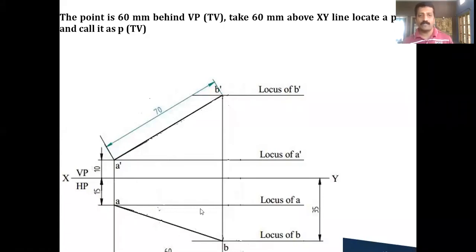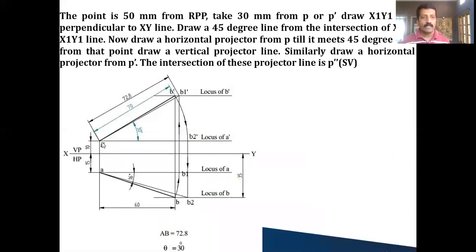Now, as we have discussed in the previous example, from the apparent lengths, that is the front view and top view, to get the true length diagram, we need to draw the arc first and then draw the vertical projector. First, take A dash as the center and B dash as the radius, that is your front view length.